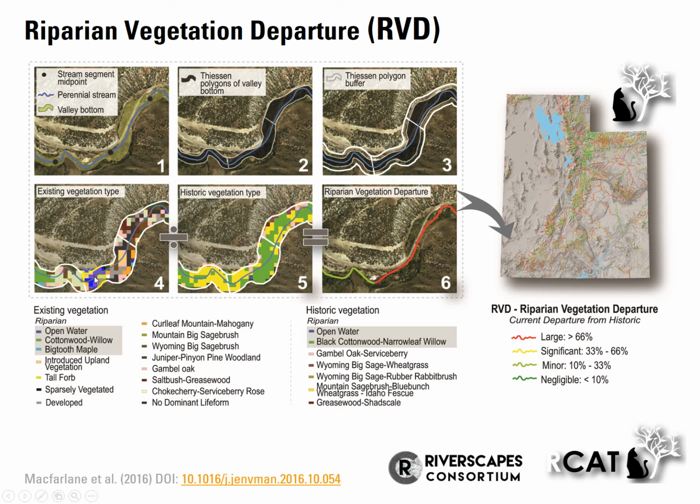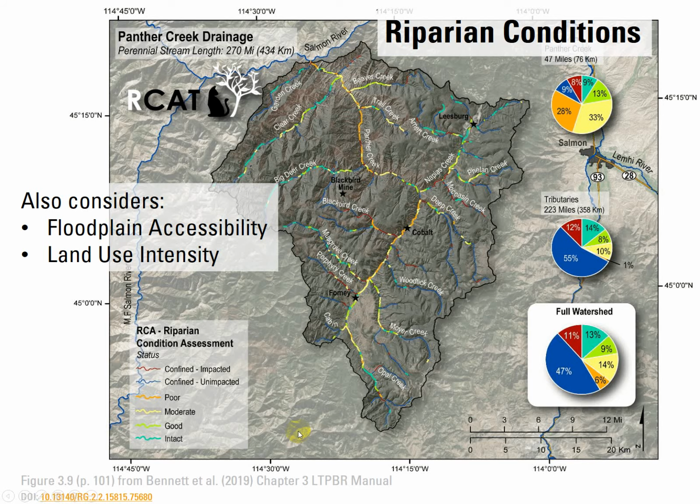And then you map the existing vegetation types, the historic vegetation types, and how many of those would be considered riparian. And then you calculate these departures, and you can do this at really broad spatial scales. So that's a cool way of approaching the problem.